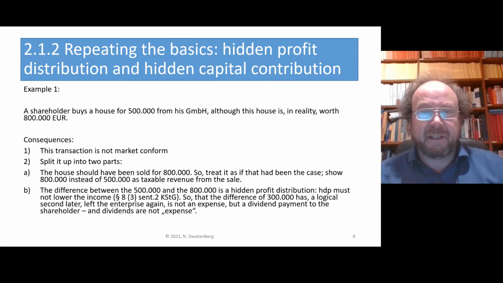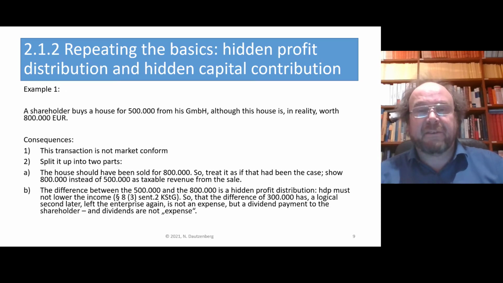So we indeed have to calculate with 800,000, and that we renounce the 300,000 means nothing else than that after we made that revenue of 800,000, one second later we give that 300,000 back to the shareholder in the form of a dividend.